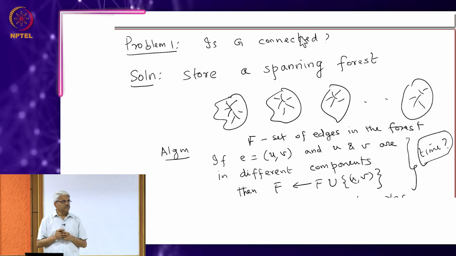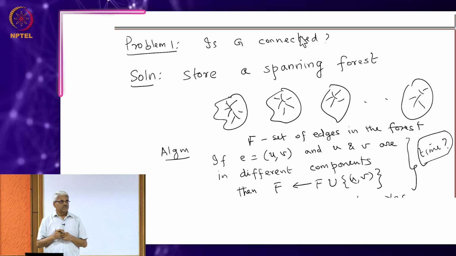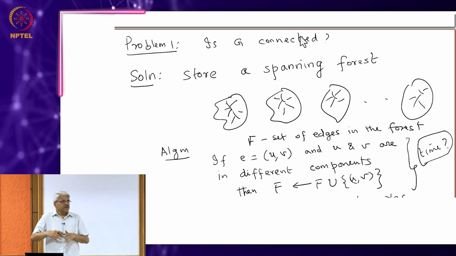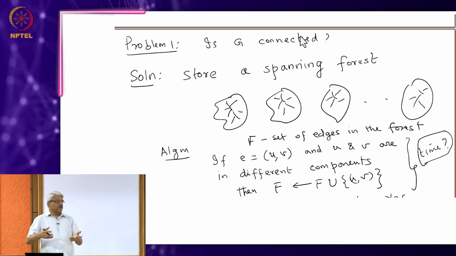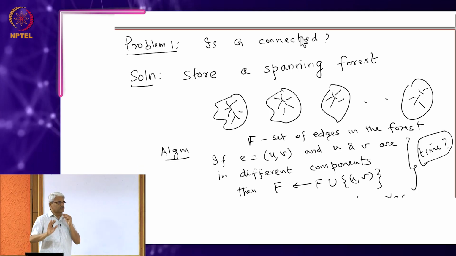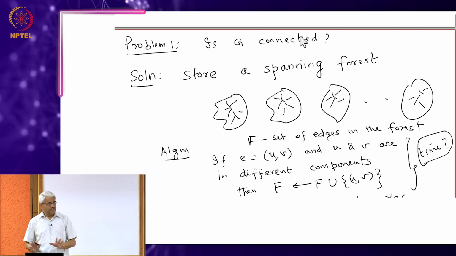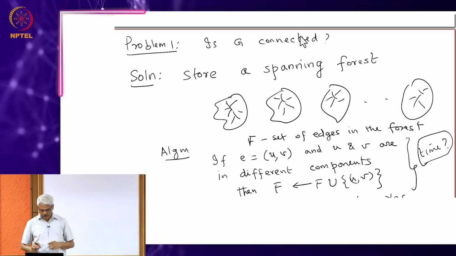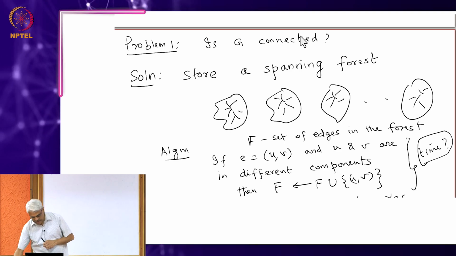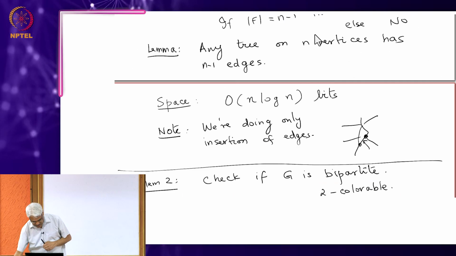What do I need to do? Check whether in that component it forms an odd cycle, that is all. There is nothing really much more than what we are doing here. I will say and maybe argue why that is enough.